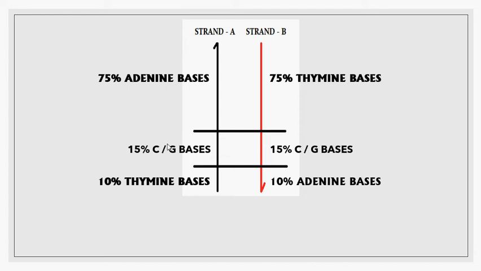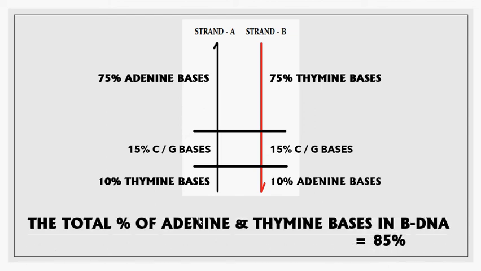Here, 15% of cytosine bases present in strand A bind with 15% of guanine bases in strand B. Then the total percent of adenine and thymine bases in B-DNA is equal to 85%.